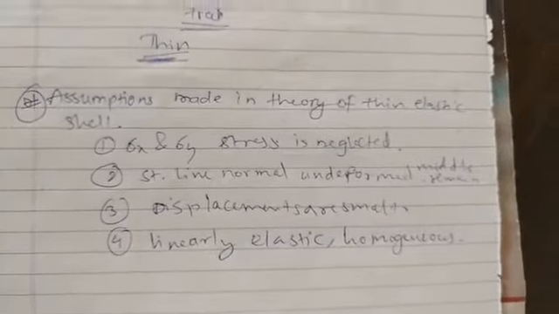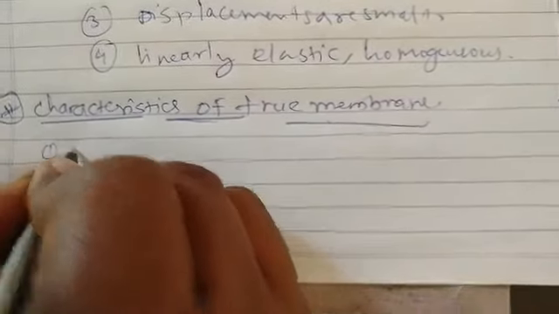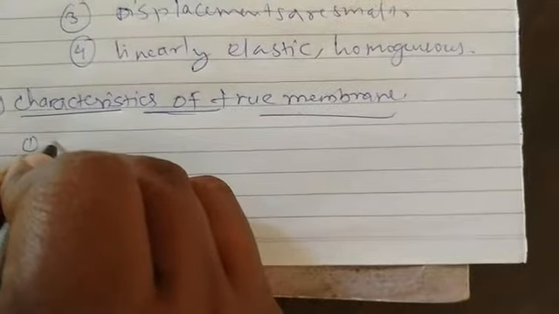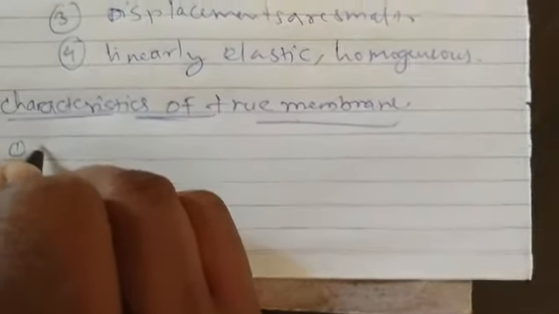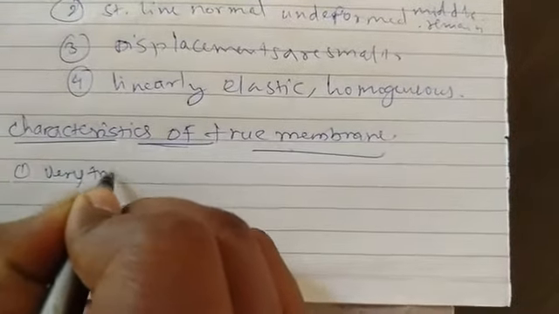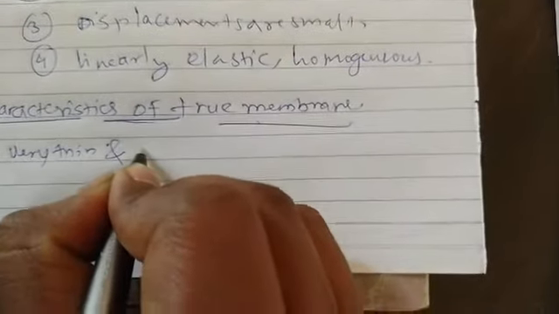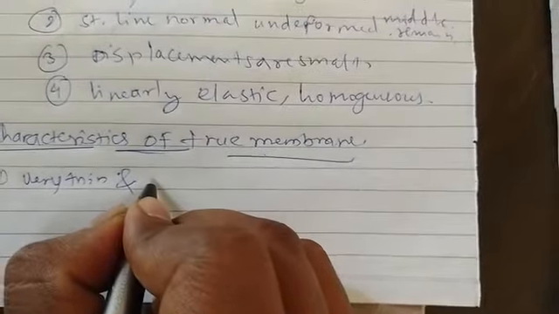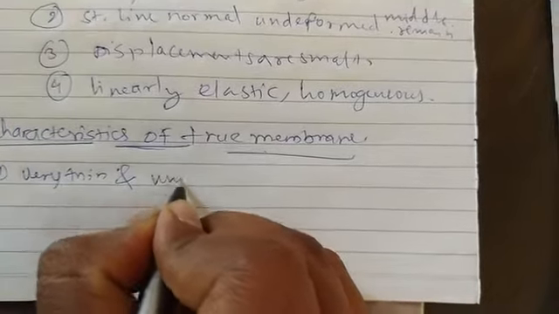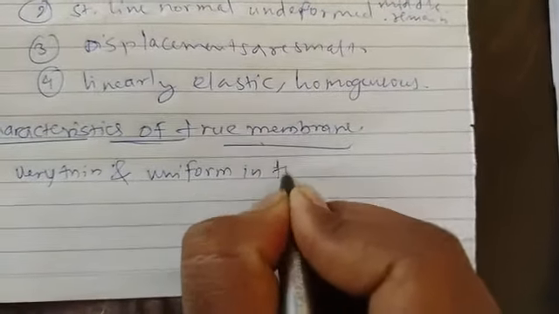Okay. After this we'll see characteristics of true membrane. The first characteristic of a true membrane is that it must be very thin and uniform in thickness.